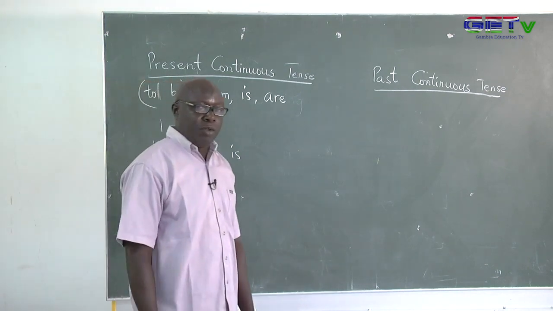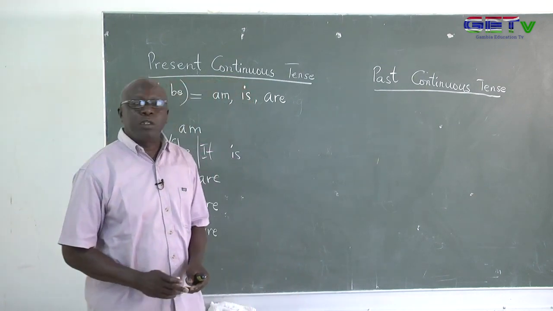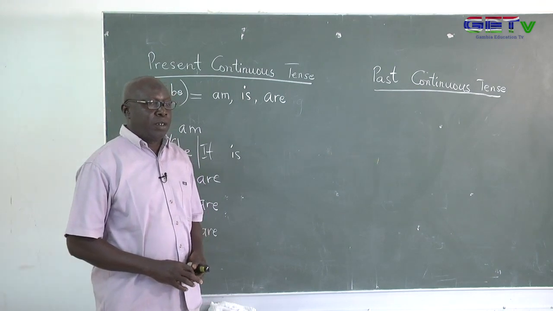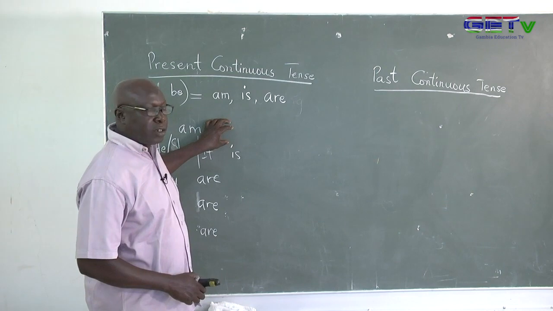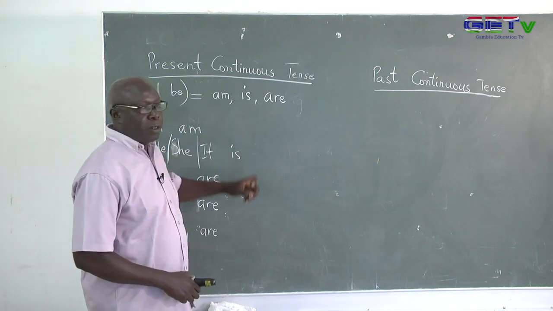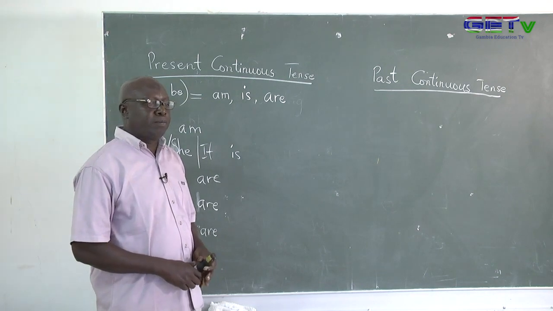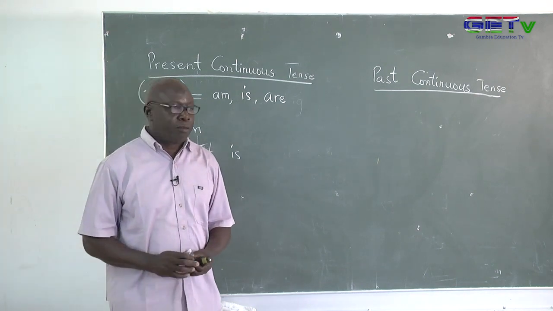They are, we are, you are. I am, he is, she is, it is. So the first part of the present continuous tense is the present form of the verb to be. The second part is the form that ends in ing.